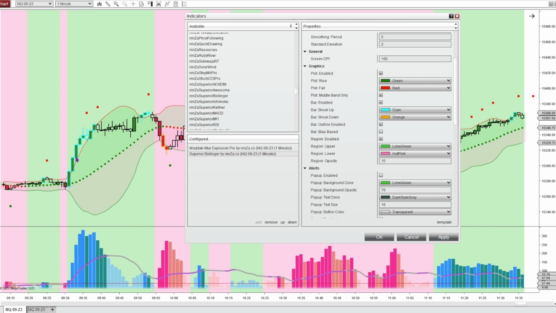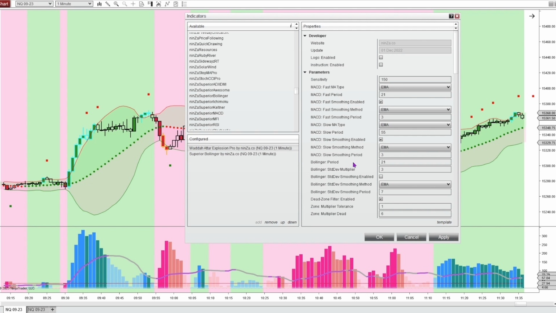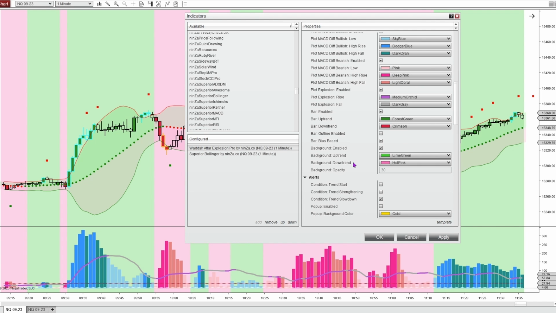So it's printing the candlestick outline. So this way I know when price is breaking through the Bollinger line, but yet I can still see the candle color printed by the WA explosion indicator. So it's just a little trick you can use on any of their indicators that offer the candlestick to be colored with the bar enabled.